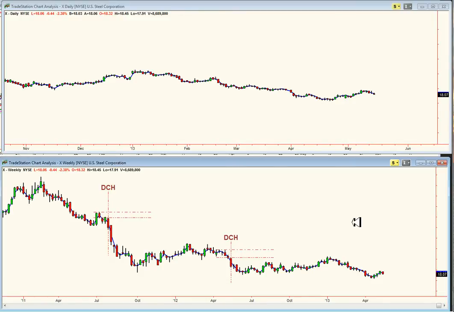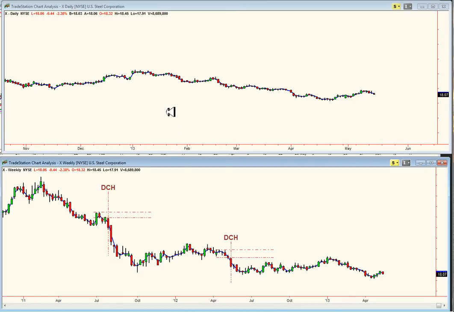Now, most of the ones we're going to look at now are going to be to the upside as we're looking at these now. In May of 2013, we've had a long bullish market, so most of our examples here are going to be bullish. But let's take a look just quickly at the weekly daily combination of these types of breakdowns and breakouts that we've discussed.